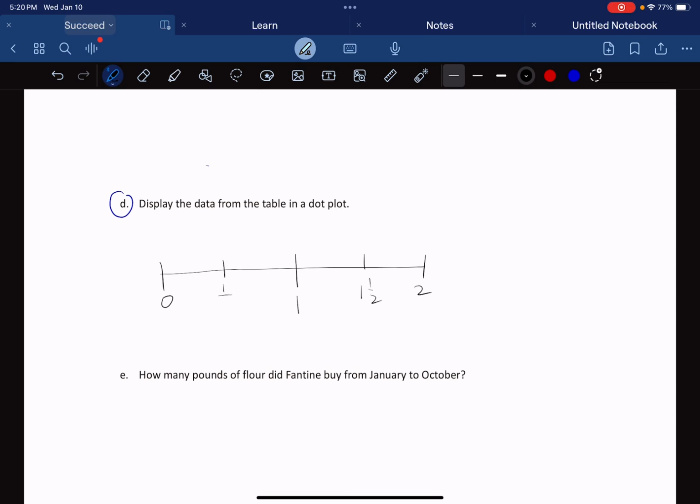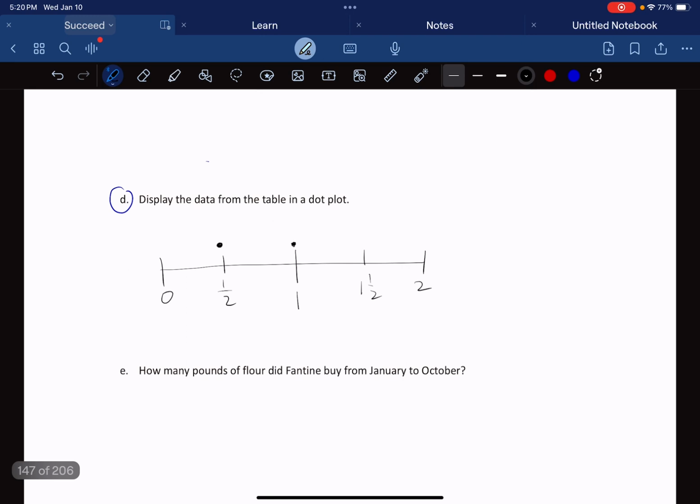Here's a half, and I can say, well, on my data, I should have 1 dot for a half. I've got 2 ones. So for example, pretend like August was 1 and December was 1. So I would put 2 dots there. So a dot plot looks very similar to this if they don't remember what a dot plot is.